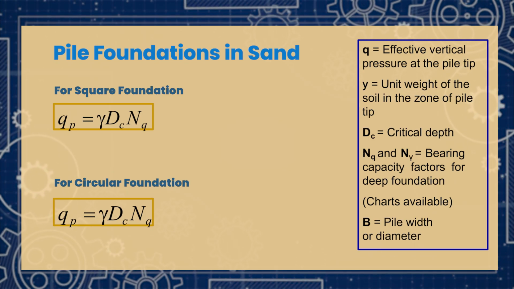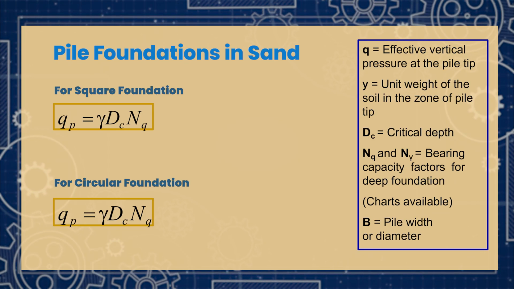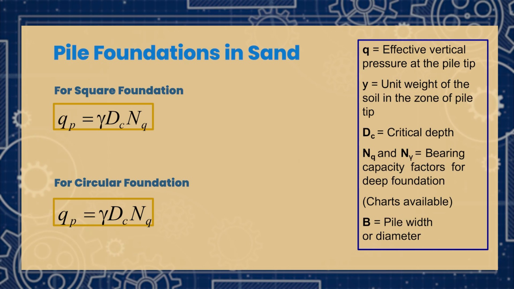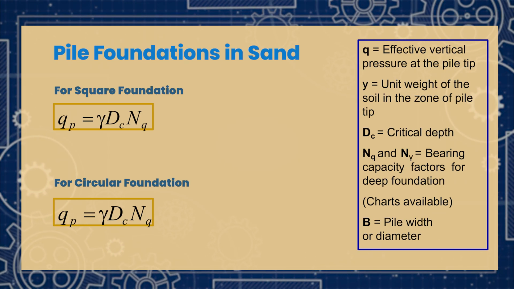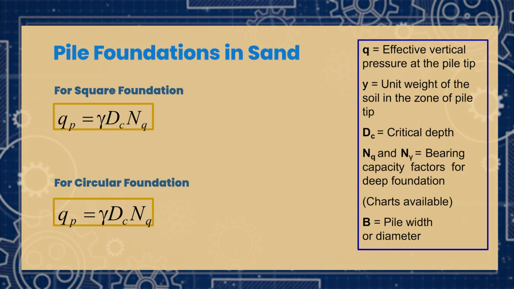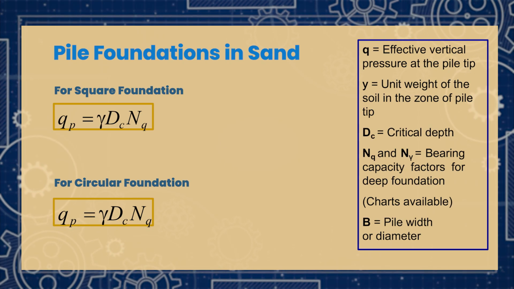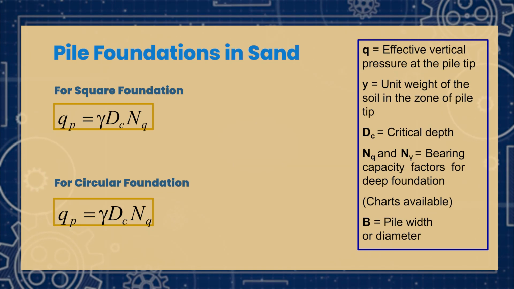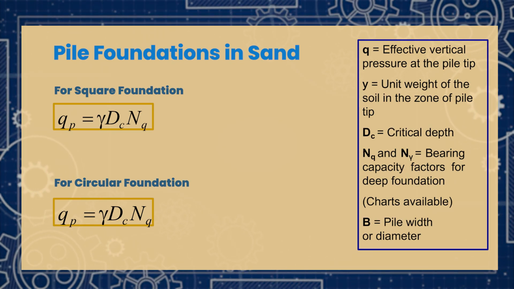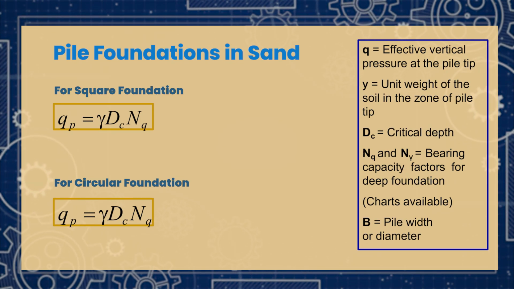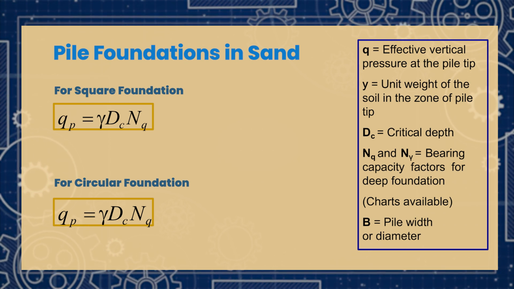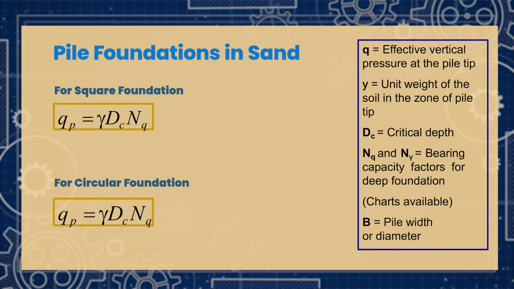If your friction angle is 20, you will get different Nq and N gamma values. If it is 25, then again different. We learned that in the previous slide. Here B is nothing but D, the pile diameter. That is why we write this formula for square or circular foundations: gamma, Dc into Nq.